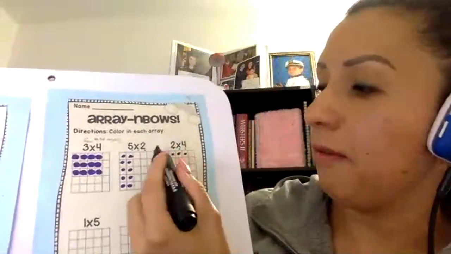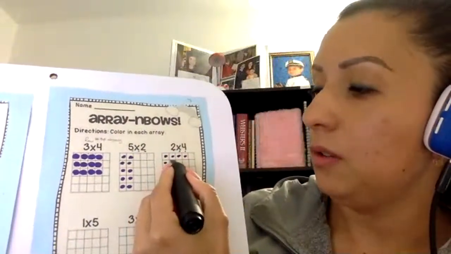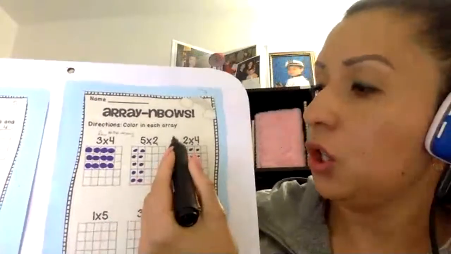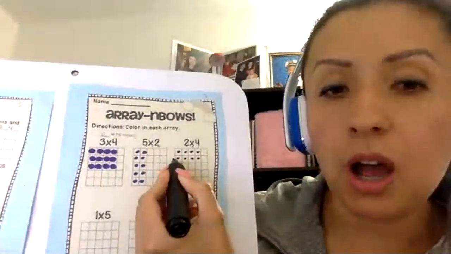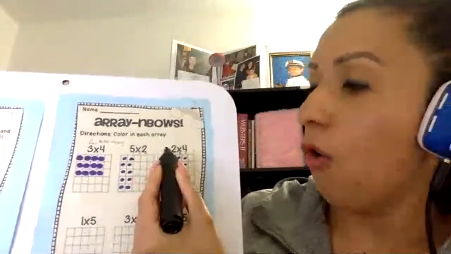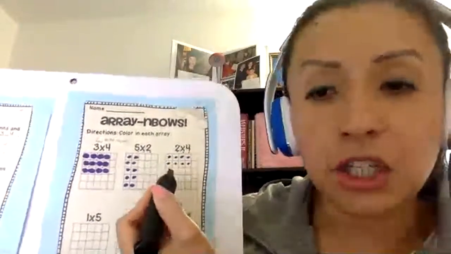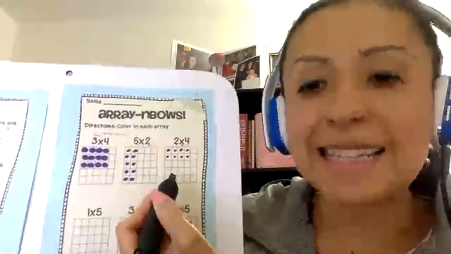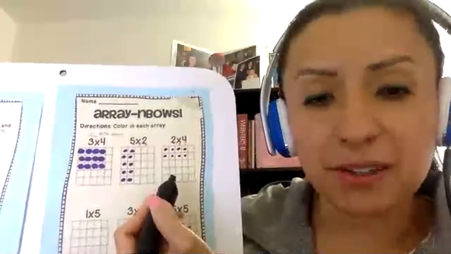Next. Now we have 1, 2, 3, 4. We have here 2 rows of 4 elements in each group, right? Excellent, very good.